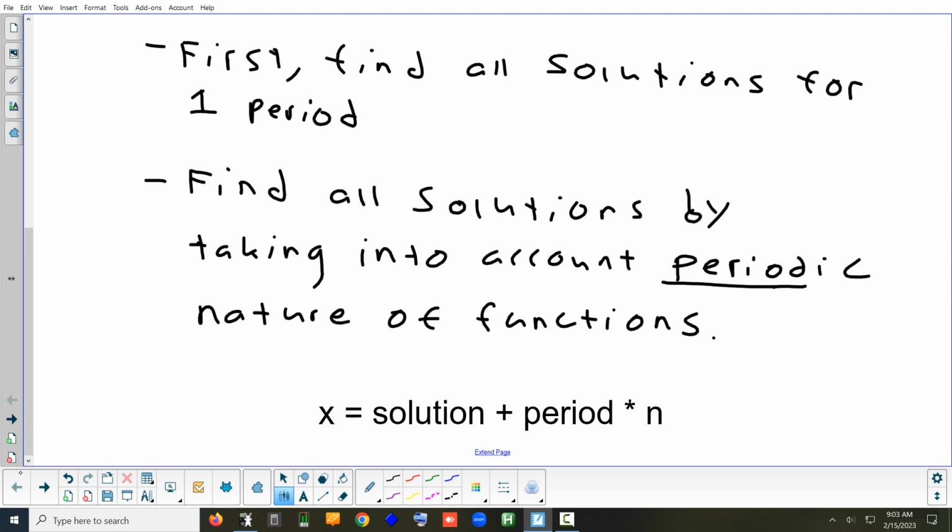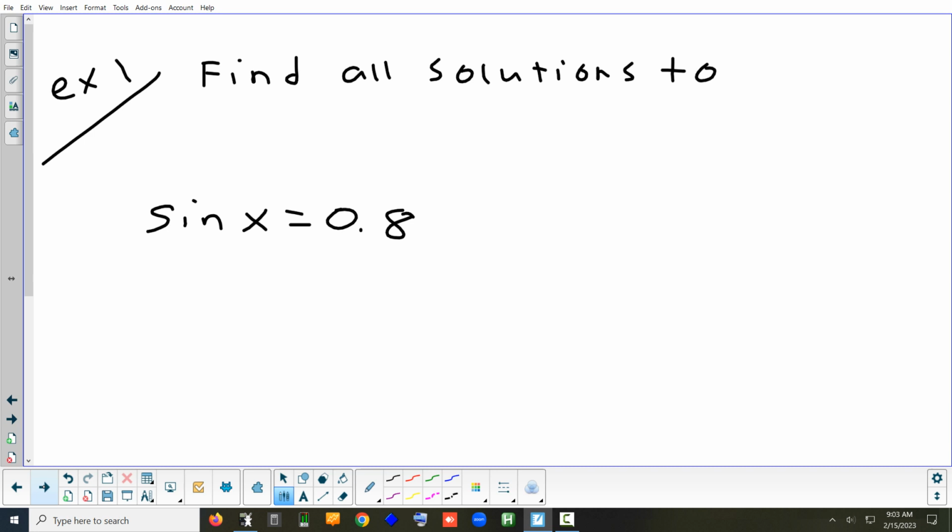So we're going to start out with one that would have been like on the homework last night. Okay, a very simple trig equation with no exponents at all. Just sine of x equals 0.8. Now, if you're thinking, yeah, I could just solve this with algebra. I don't really need to graph it. You're right.